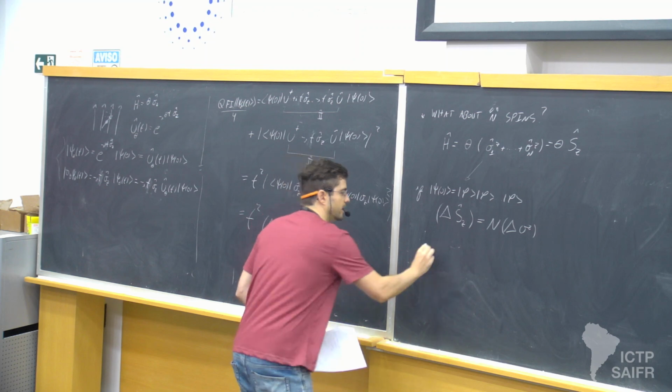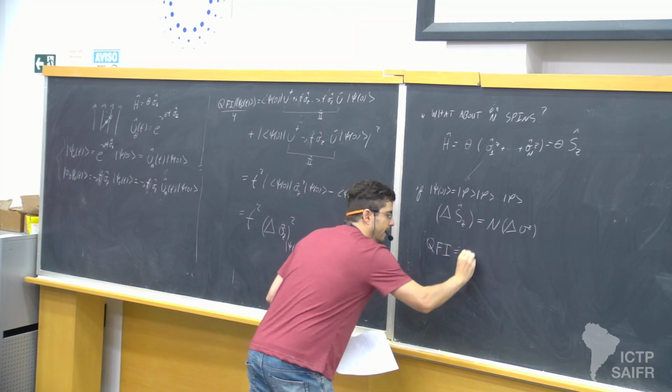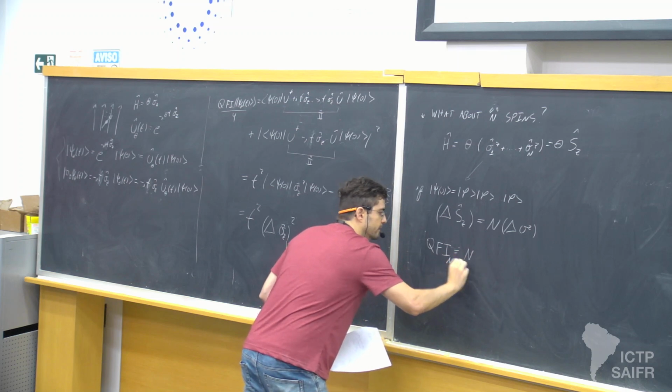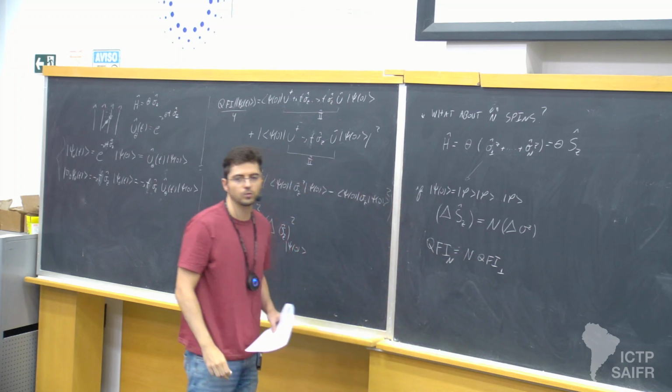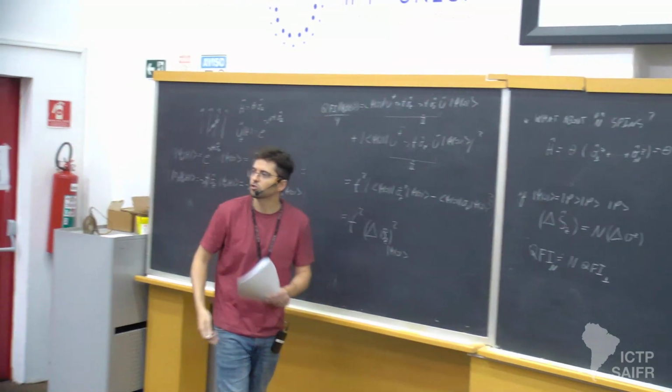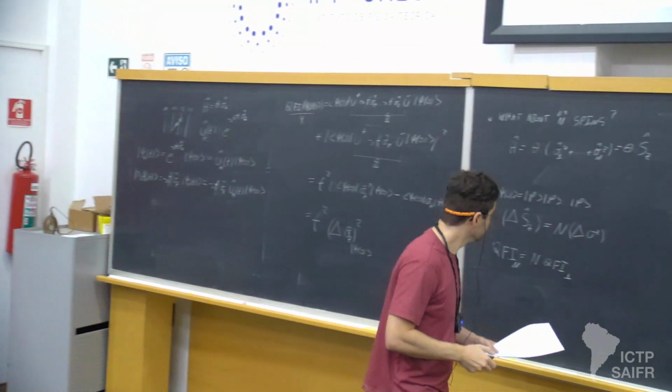Okay? So in this case, the quantum Fisher information is, as we expect, just n times the quantum Fisher information for just a single particle. It's just a repetition of the same procedure, such as André has asked for us.